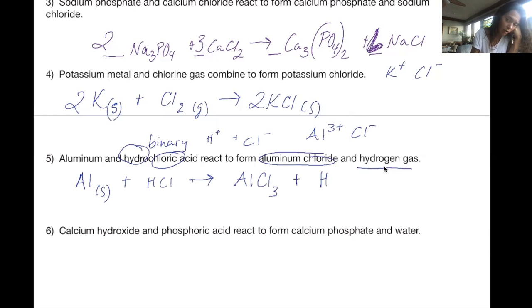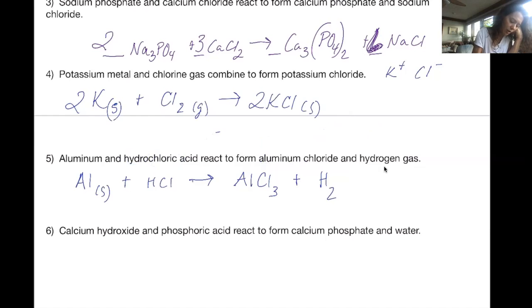It's by itself. Is it diatomic? Yes. Give it a 2. Same steps over and over and over, all right? Balance it. Pause, you balance, come back, and let me know if that's not what you have, okay?